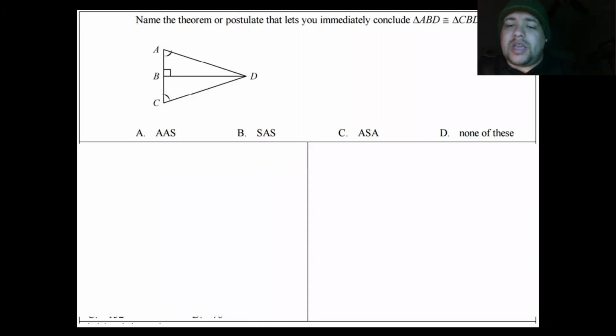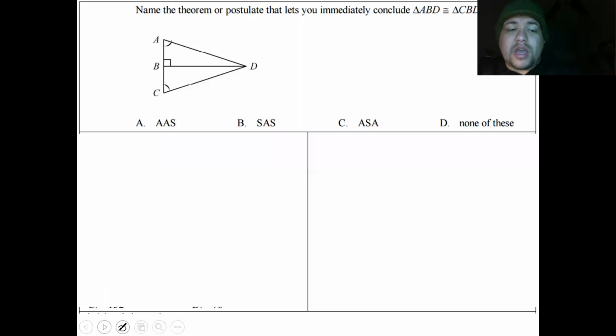In this case, it says right here, name the theorem or postulate that lets you immediately conclude ABD and CBD are congruent. This is, again, triangle congruence. I want to throw in whatever I can to solve this out. The one that looks at me is the reflexive property that I can put in here because I know those two share the same sides.